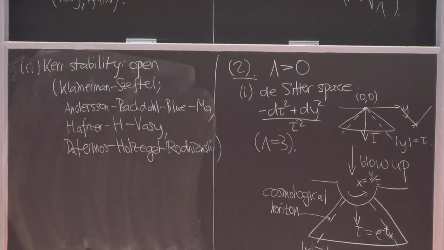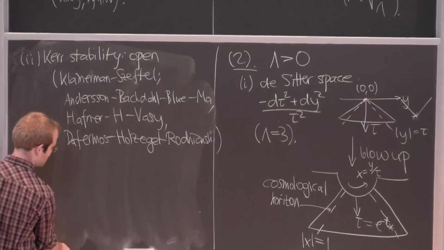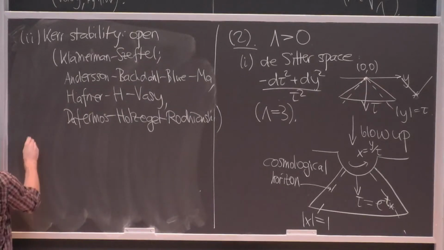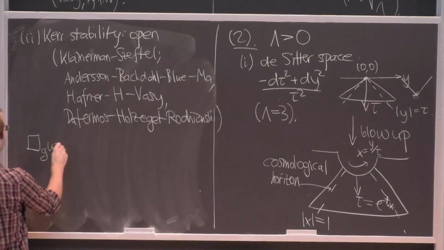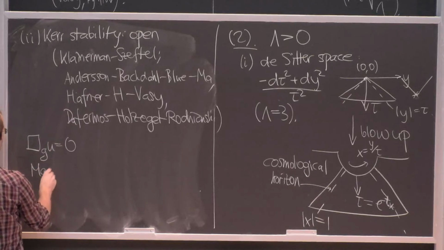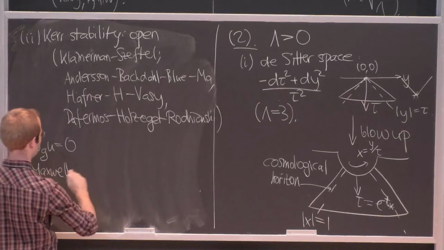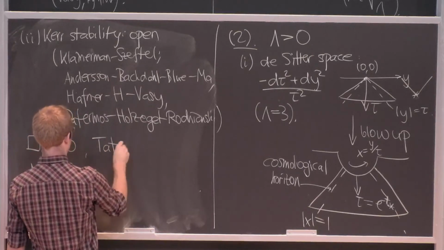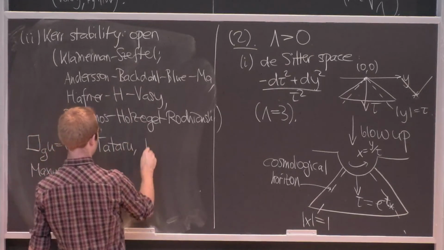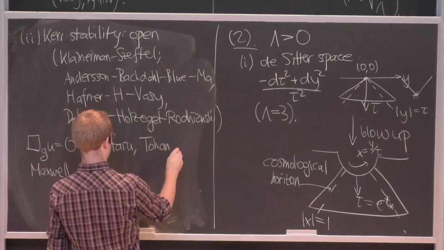And in fact, the Kerr spacetime, even though I'm going to talk the least about it, is the one that has received the most attention in the literature. There are many works that study, for instance, the scalar wave equation or Maxwell on Kerr. And so there's a long list of names, including some of these people here. And Tataru, for instance, proved optimal decay rates. Tohaneanu.